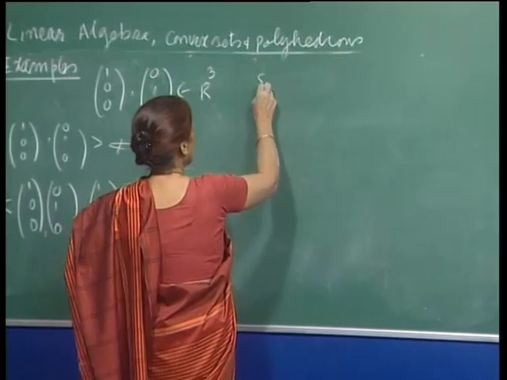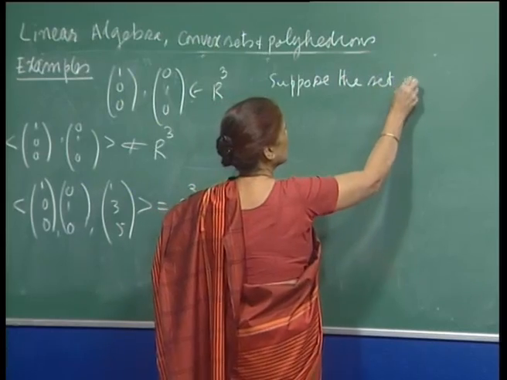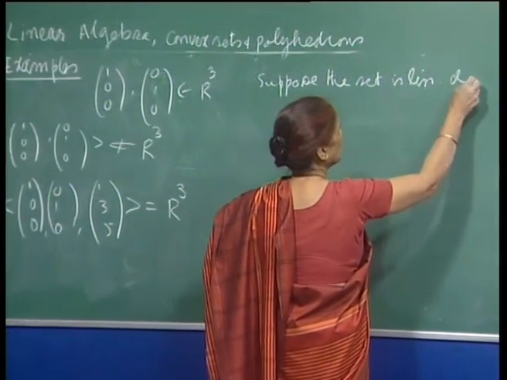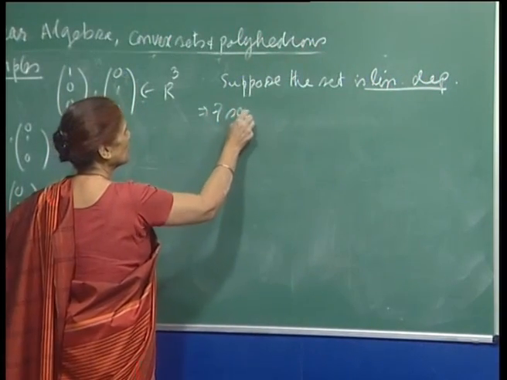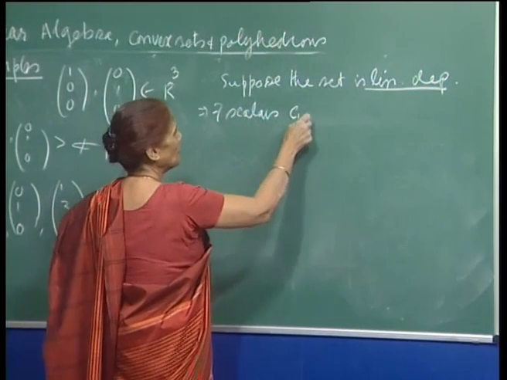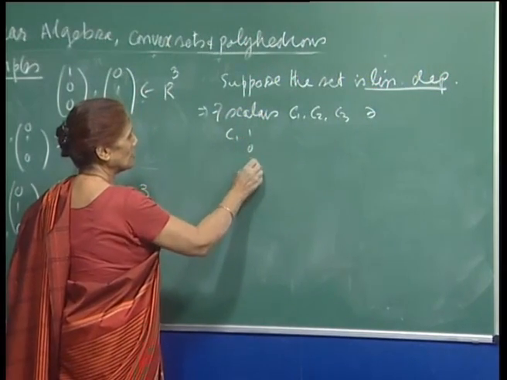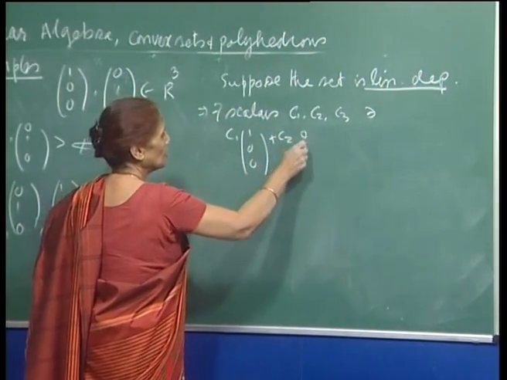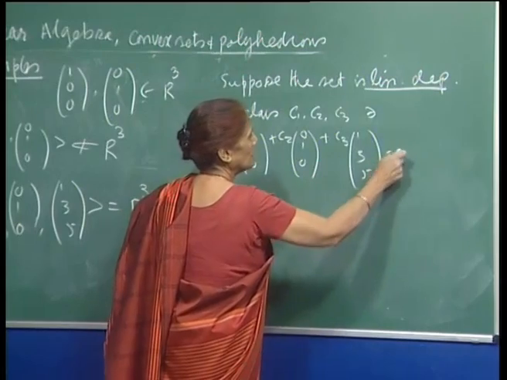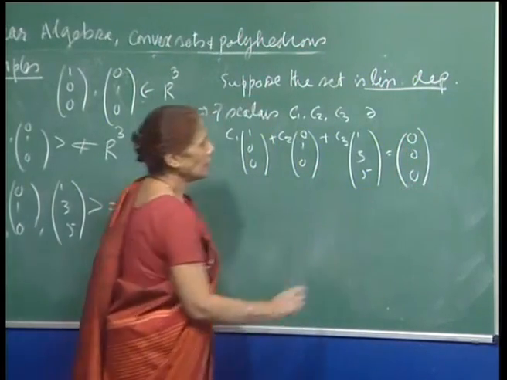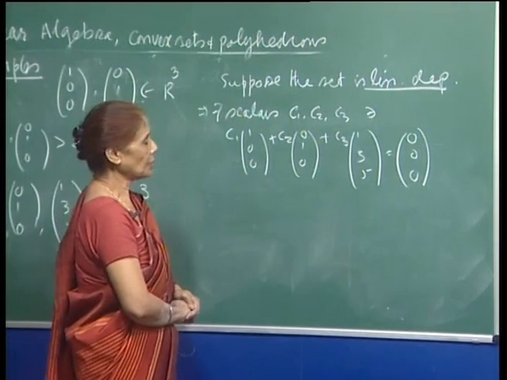So suppose the set is linearly dependent. Okay. This implies there exist scalars C1, C2, C3 such that C1 (1 0 0) plus C2 (0 1 0) plus C3 (1 3 5) is the 0 vector. Let us see, we will try to find the solutions here and see if C1, C2, C3 are non-zero or not.